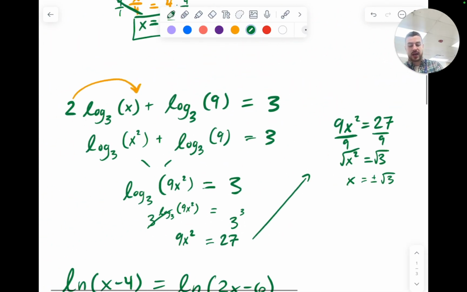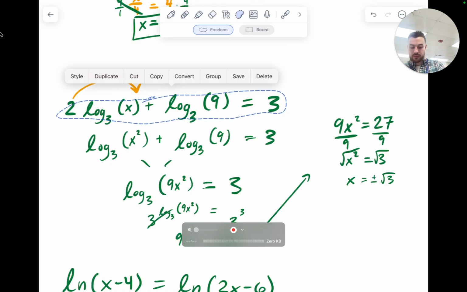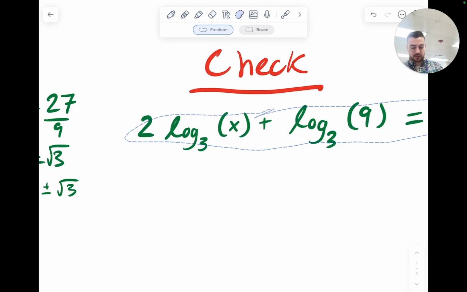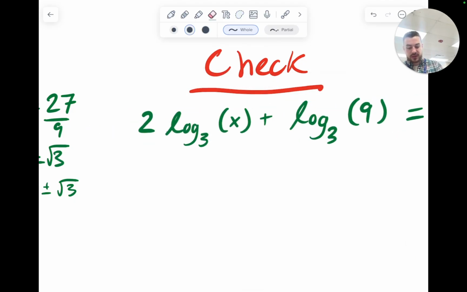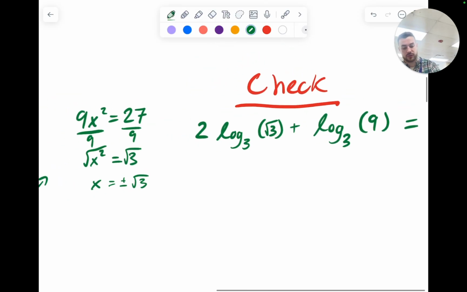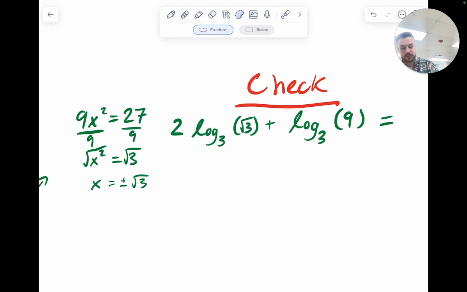So if we just copy what we had before, and I am going to replace my x value with positive square root 3 first. So this is definitely something I'm going to do on a calculator. I think we should be equal to 3 here. So I'm just going to type this right into my calculator just to make sure.